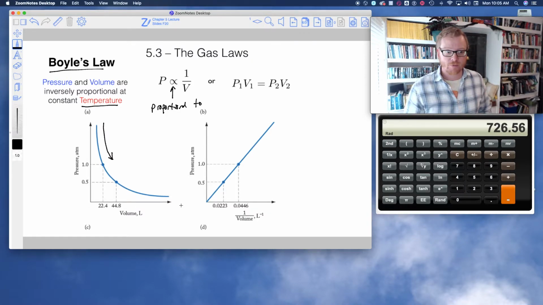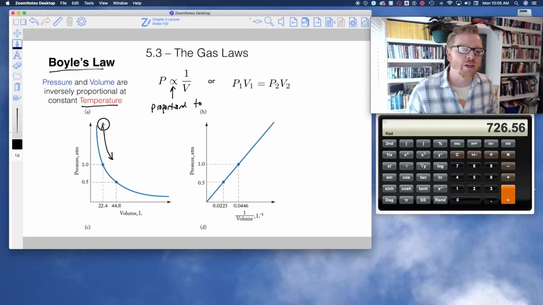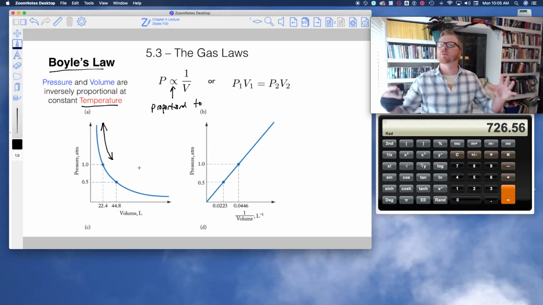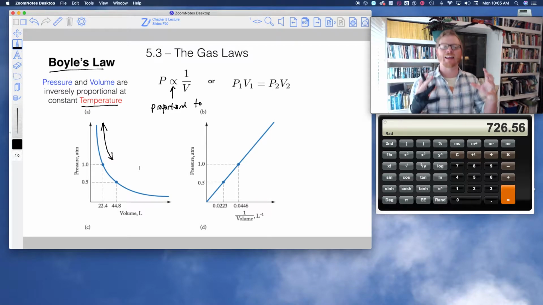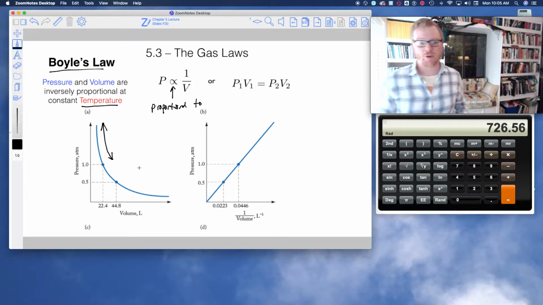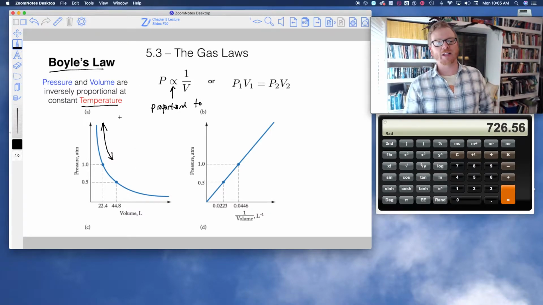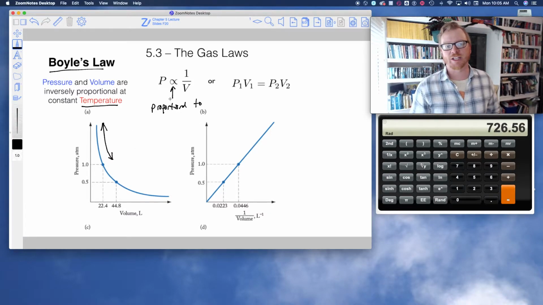But what if I increase the pressure surrounding the balloon? Like I squeeze the hell out of that balloon, right? Well, it's going to get smaller. And that's what we see in this graph. That's what this relationship means. P is proportional to 1 over V.